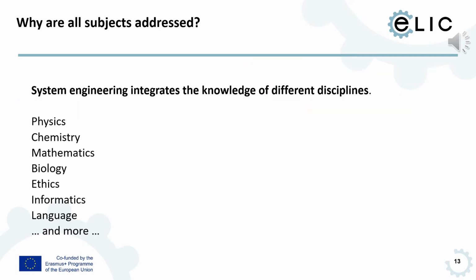In the next slides, we explain why physics, chemistry, mathematics, biology, ethics, informatics, and even language and other disciplines are involved in this e-motor concept. From a first view, most people would believe it's physics, but it's not only physics, and this we would like to explain in the next slides.